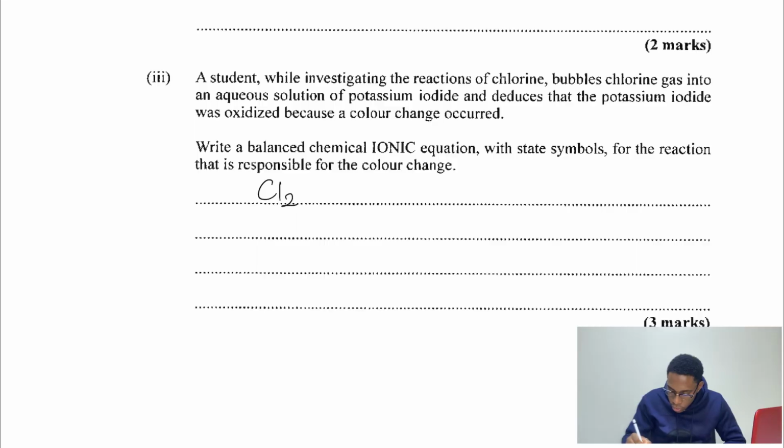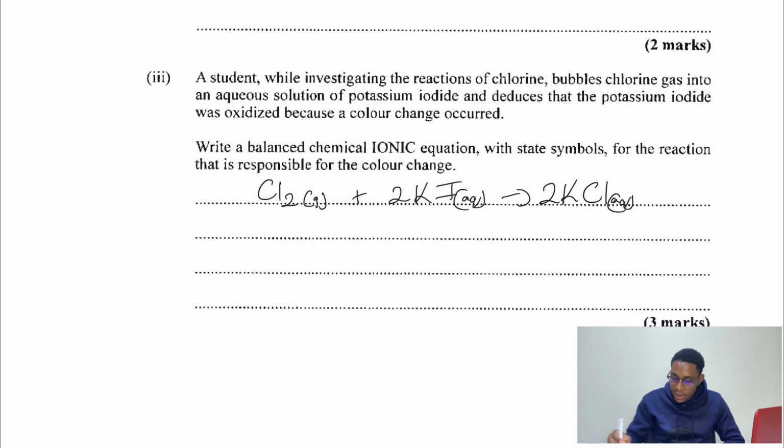So in our case here, we have chlorine gas, all right, and we have the potassium iodide, okay, which becomes potassium chloride, aqueous, okay, and iodine has been displaced in the solution, all right.